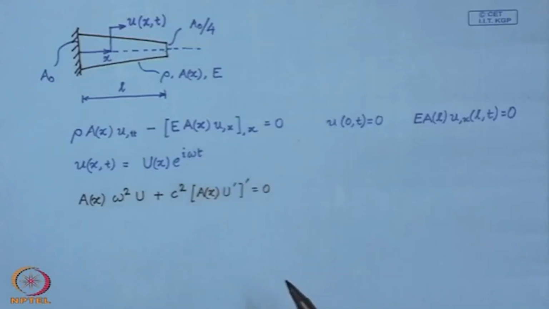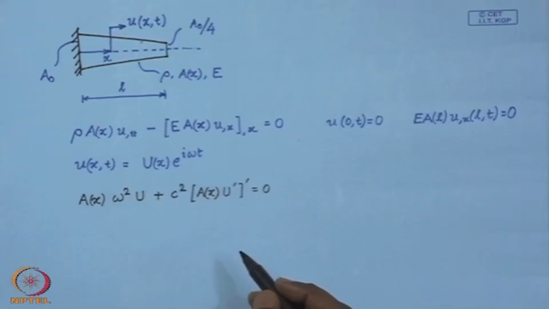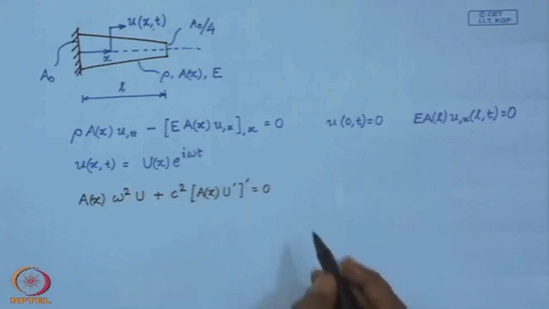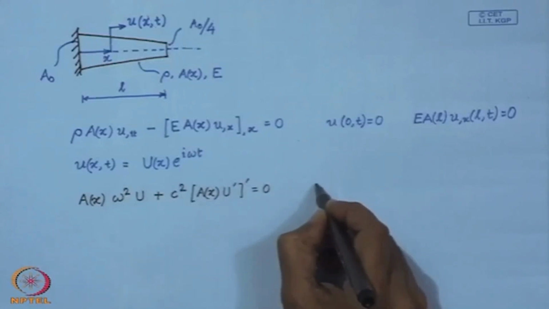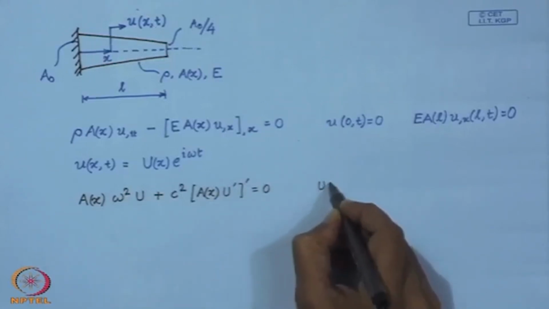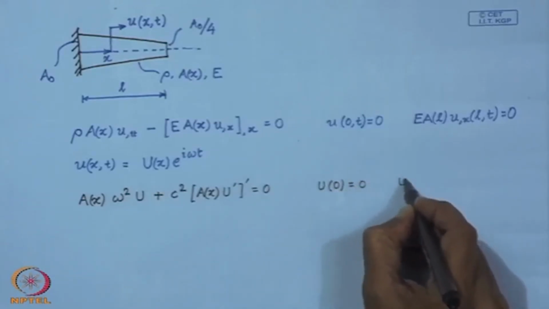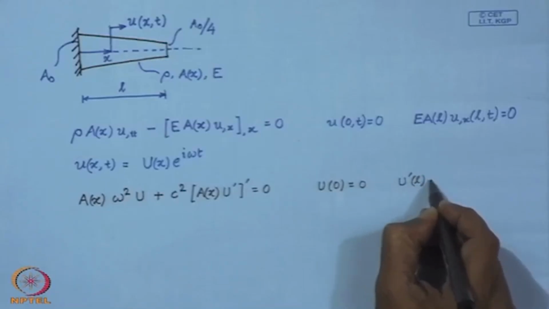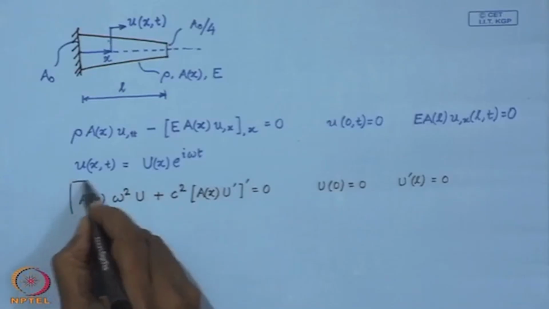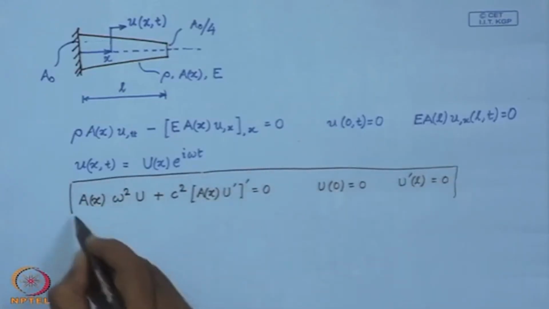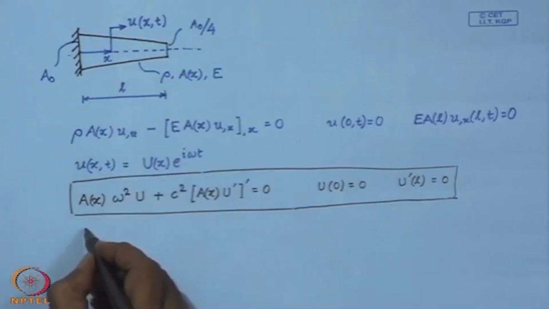So, this is an ordinary differential equation obtained by substituting this solution form in the equation of motion, and correspondingly the boundary conditions for this differential equation are given by this. So this is the eigenvalue problem for our system.